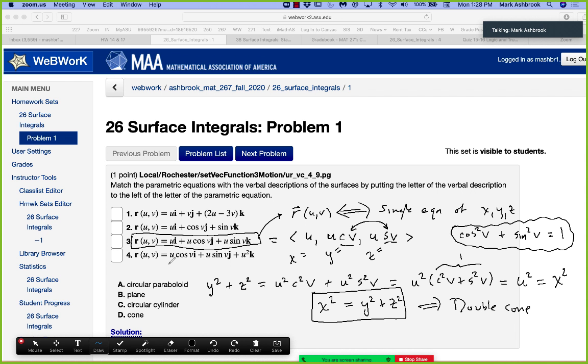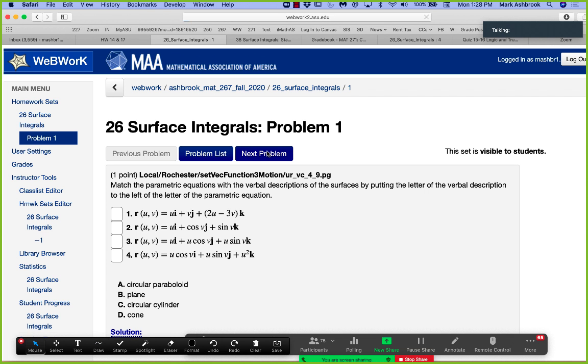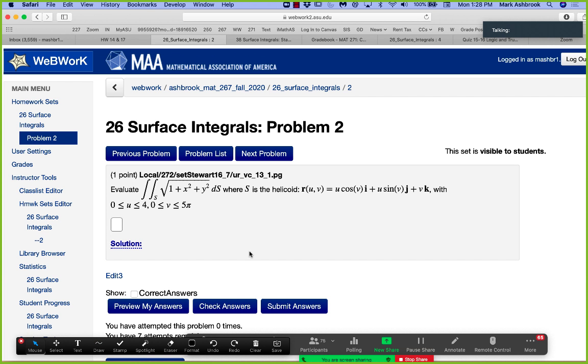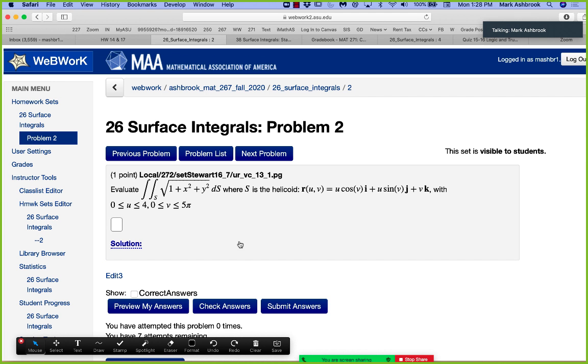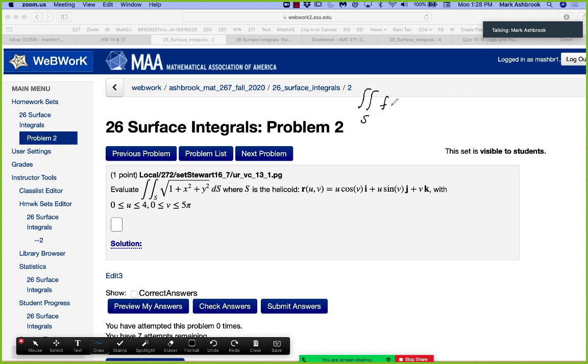All right, let's do a surface integral example. Okay, so here's one. They want us to evaluate, and we know that our surface integrals are of this form.